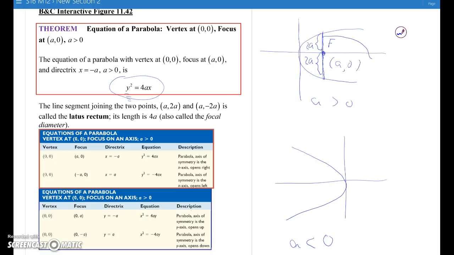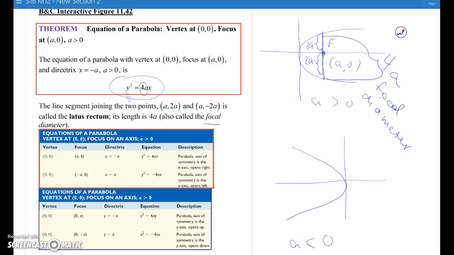So the total distance here is 4a, and that is called the focal diameter. So at the focus, the diameter of the parabola is this number 4a, whatever's multiplying the x, if it's opening right and left.